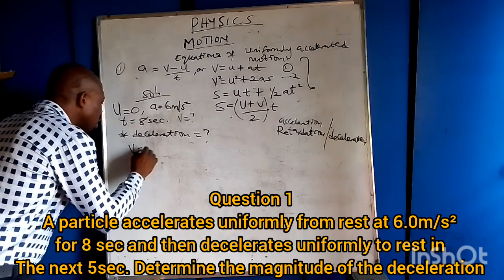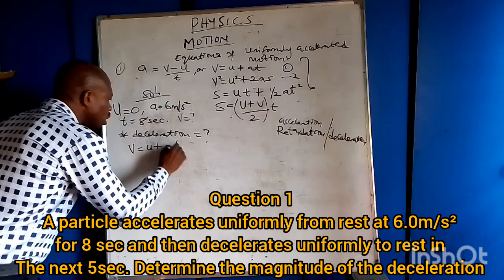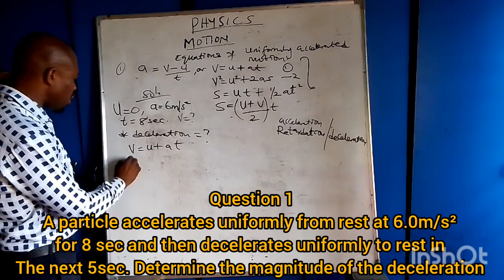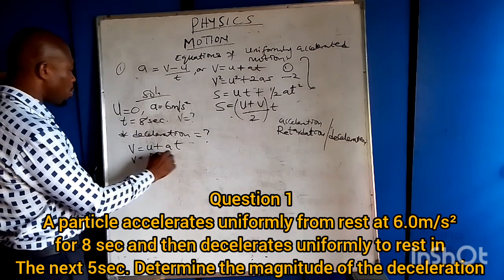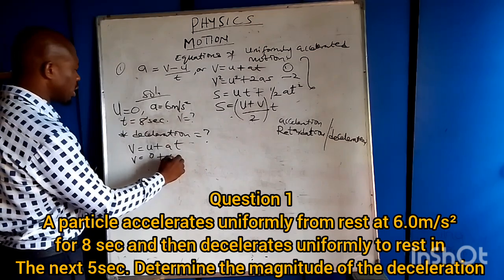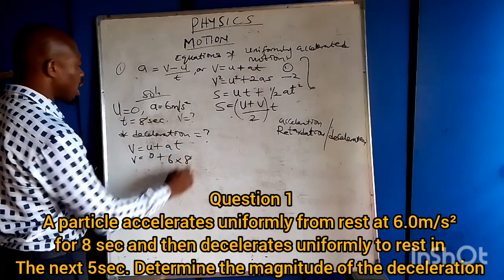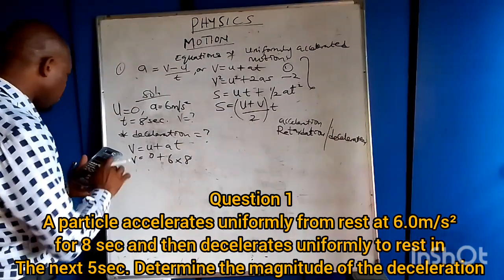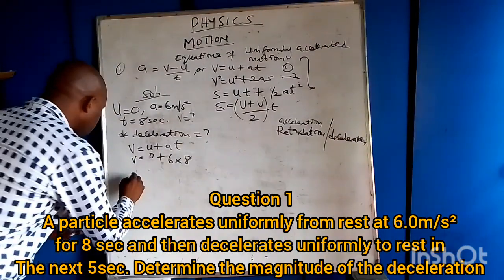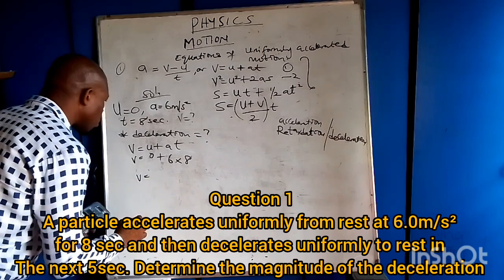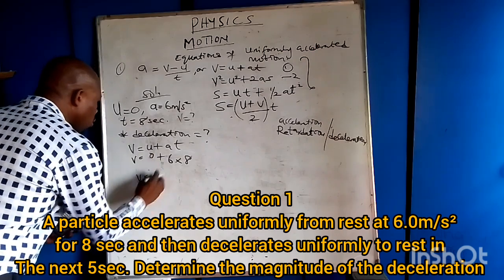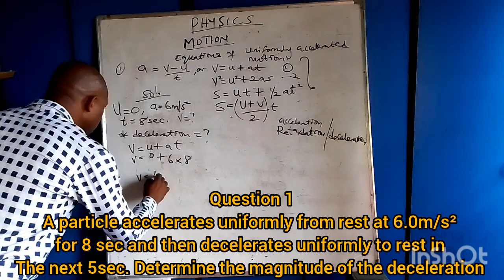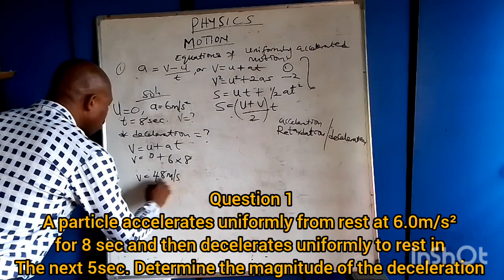V is equal to U plus AT. We need to find V. V is equal to 0 plus 6 times 8. 6 times 8 will give us 48 meters per second.